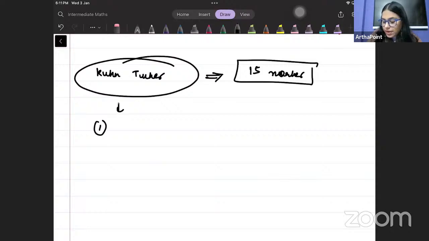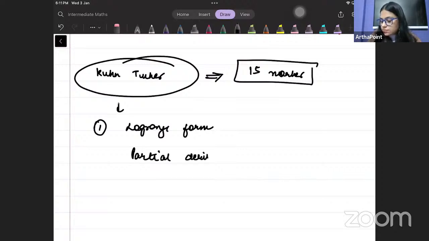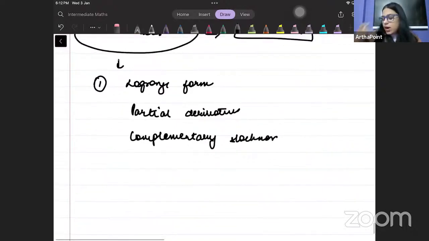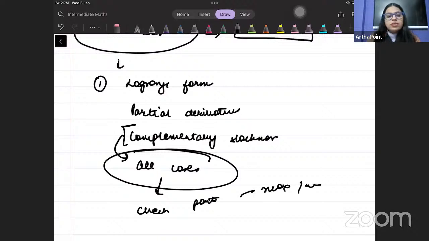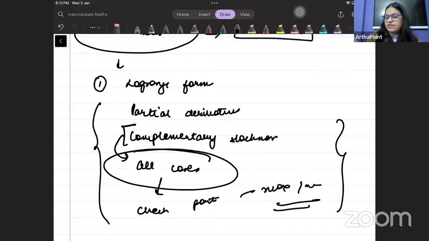So इसमें आपको पहले Lagrange form करना होगा, then आपको partial derivatives निकालने होंगे, then you have to check the complementary slackness condition, and then you have to form all possible cases like I formed in this example, and from there you have to check where in the different candidate points you get a maxima or minima. This is a full-fledged question that will be asked in exam. Okay, beta? Okay, thank you.